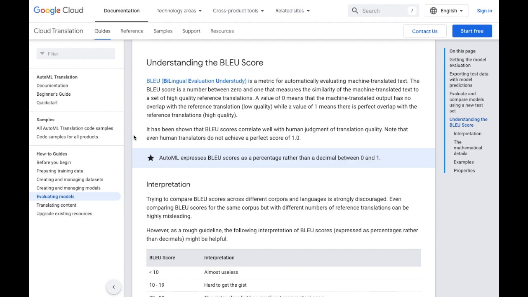And it has been shown that these scores do correlate well with human judgment of translation quality, and take note that even human translators do not achieve a perfect score.